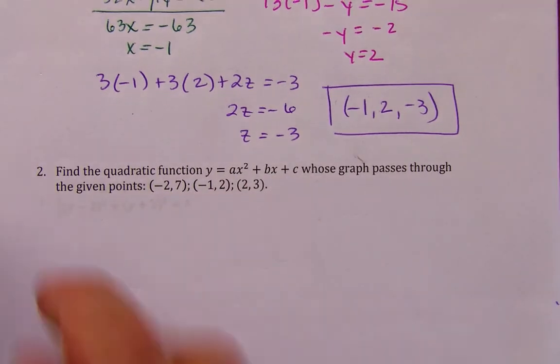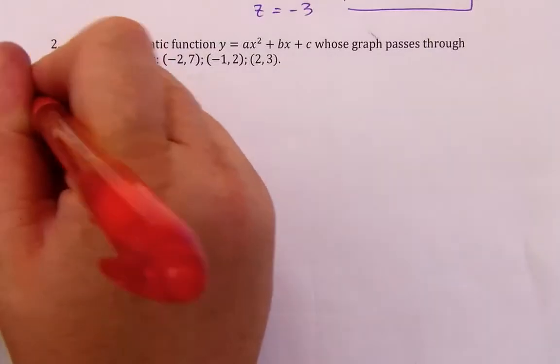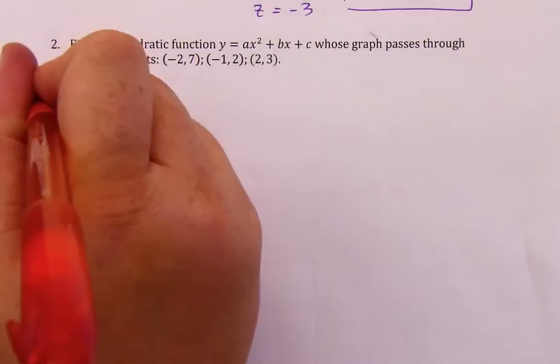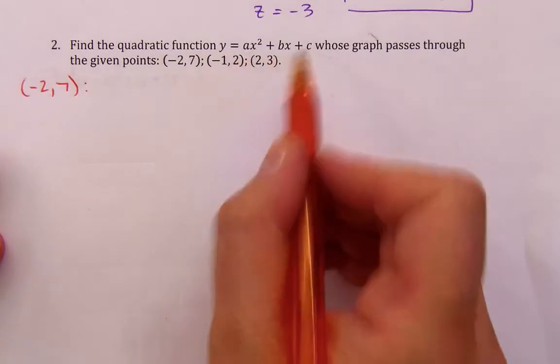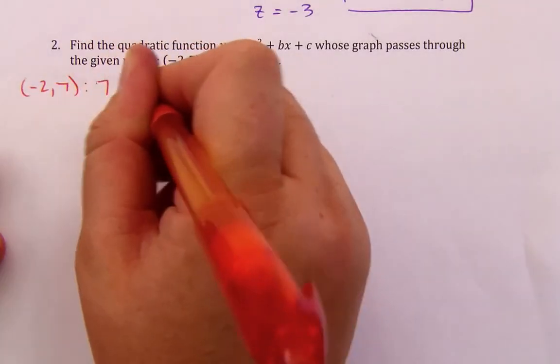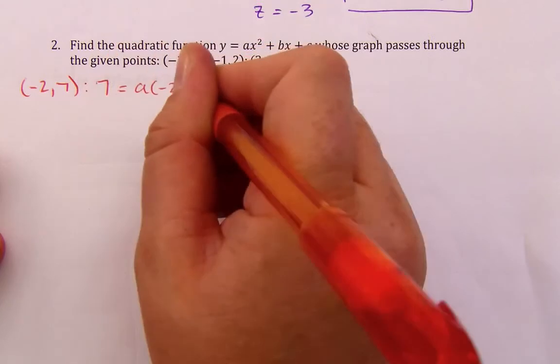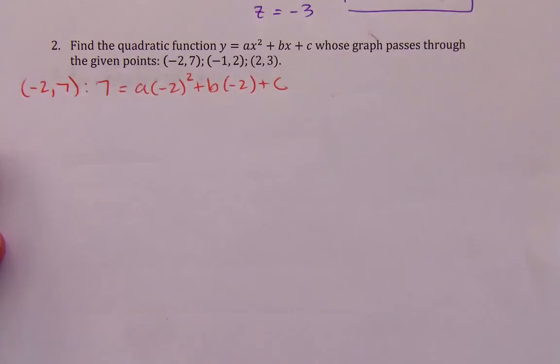And then they give us all these x and y values. So for the point -2, 7, I'm going to plug in -2 and 7 into this equation here. So I'll have 7 equals a times -2 squared plus b times -2 plus c.